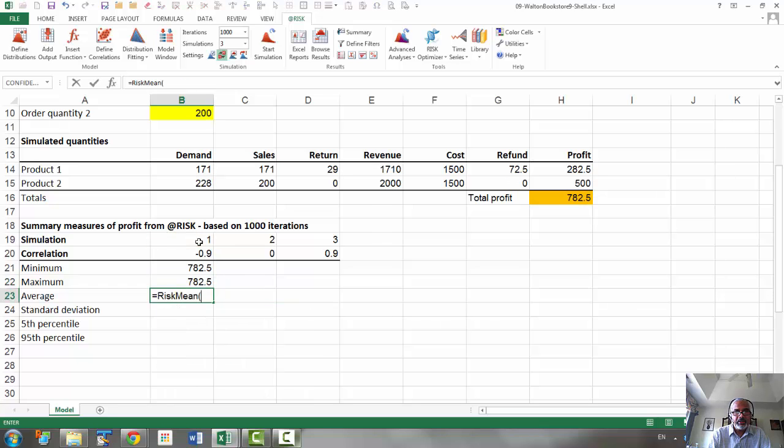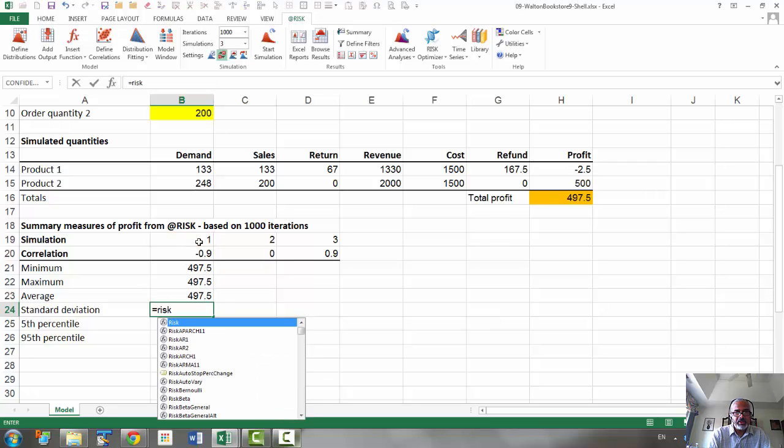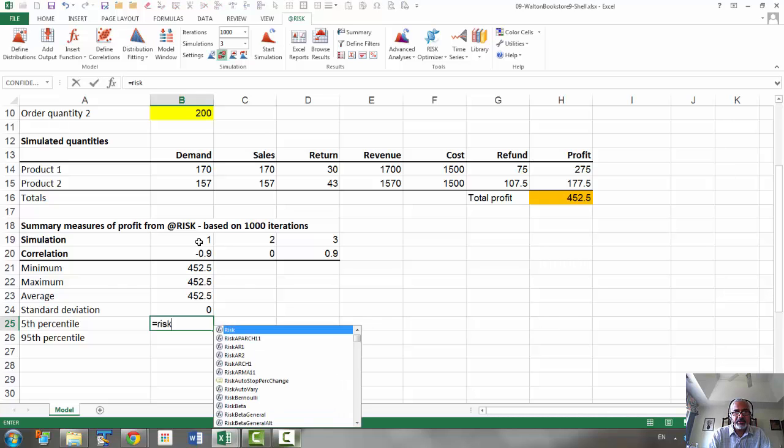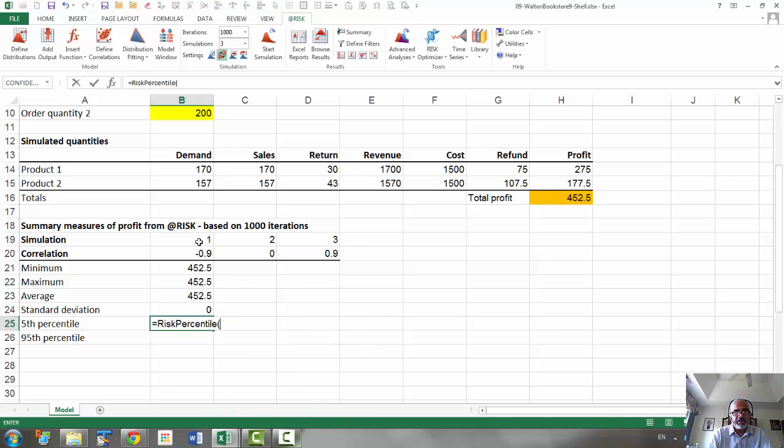RiskMean of total profit, comma, simulation run, and then RiskStdDev of total profit, and then the 5th percentile, RiskPercentile of total profit, 0.05, simulation run.